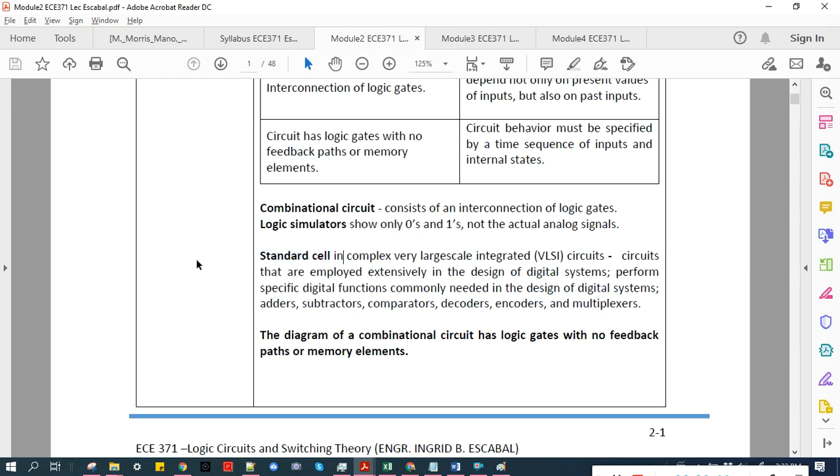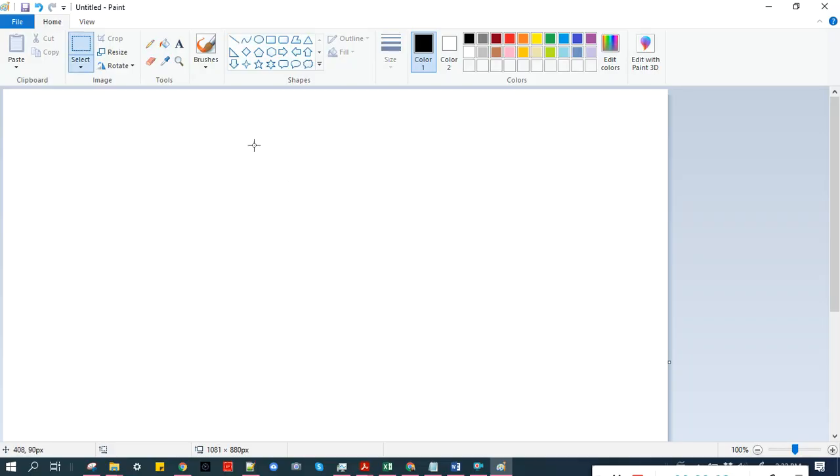There are many companies that provide standard cells aside from the common logic gates like the AND or etc., exclusive OR. So these are part of the basic primitive cells or standard cells that some companies sell in the market.